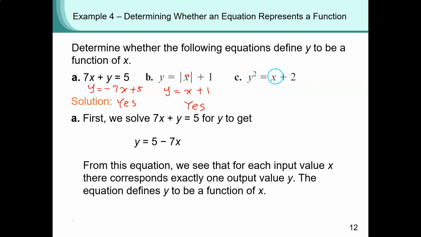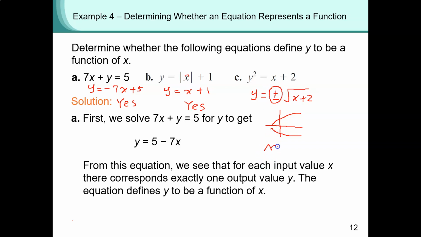C: y squared equals x plus 2. When I solve for y, I get y is equal to plus or minus the square root of x plus 2. So when you have y equal to plus or minus the square root of x plus 2, the graph turns out like this. So this one is not a function because I have the double sign here.